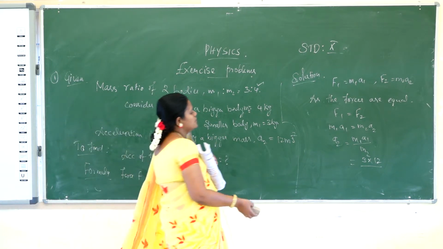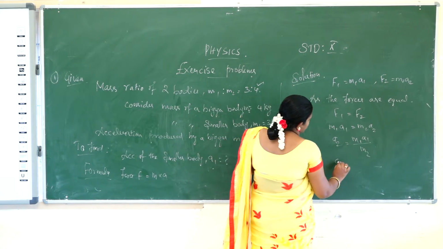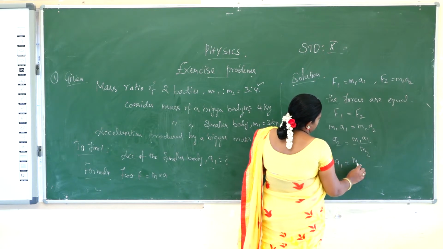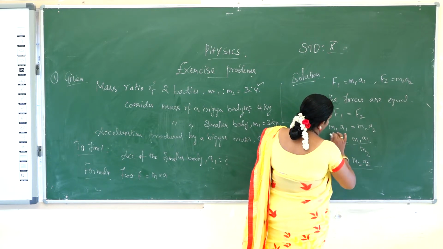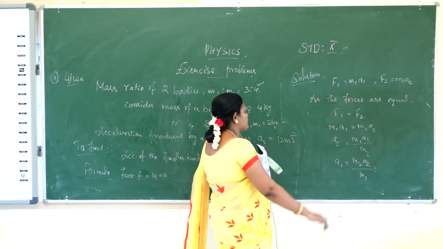A2 is equal to m1 a1 by m2, but a1 is equal to m2 a2 by m1. So substitute the m2 value, the a2 value and the m1 value.